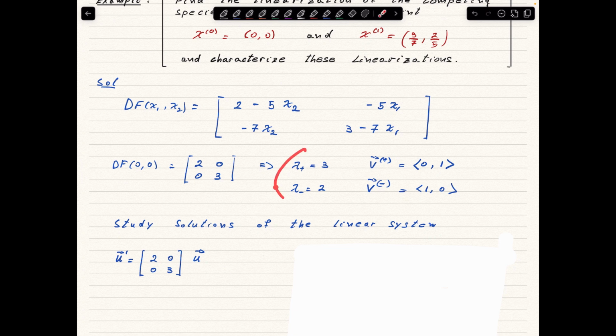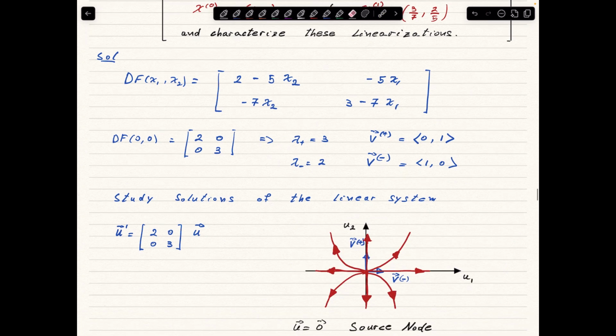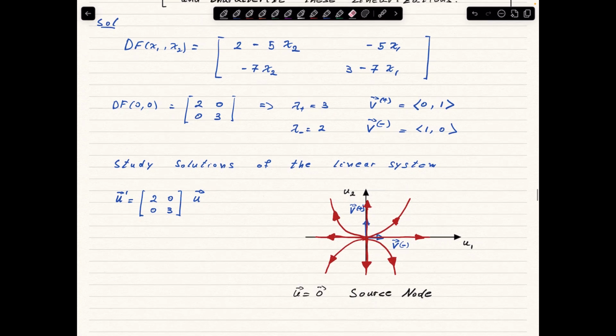And this linear system with these eigenvalues and eigenvectors has the following behavior. We have the vector v plus that points in the direction 0, 1, so up there, the vector v minus in the direction 1, 0, and then we have a source node behavior for the solutions of this system.